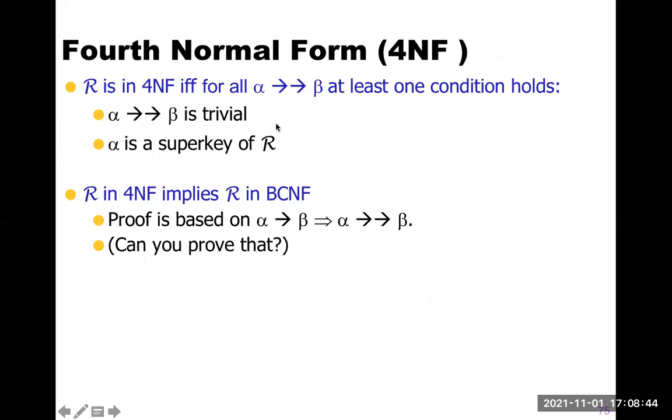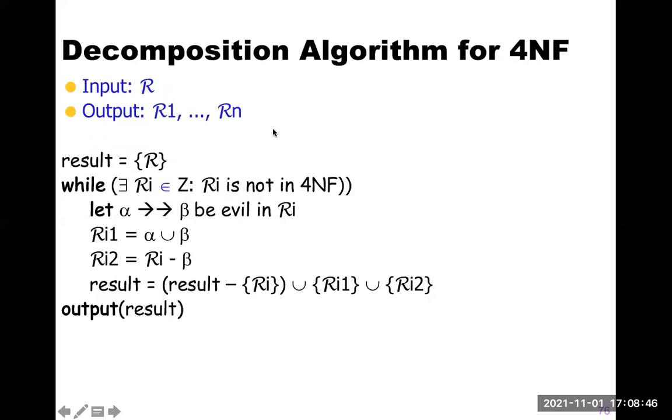I search for trivials and for super keys in the left part, and then find a multi-value dependency that is violated. And probably alpha is not a super key in this case. And then I do essentially the same thing as in decomposition for third normal form. I get all the columns in a dependency, and put them in a single table.